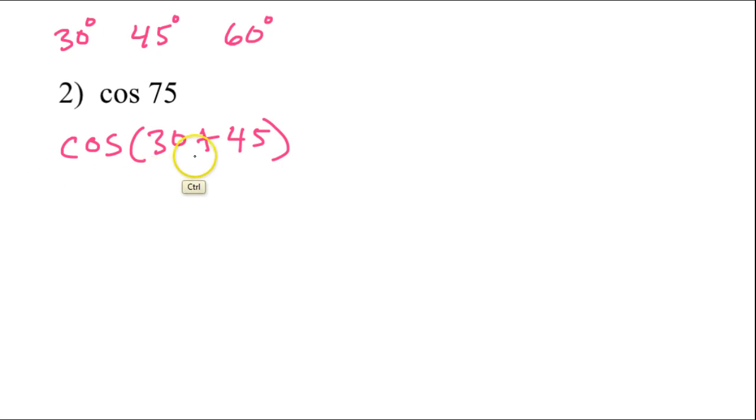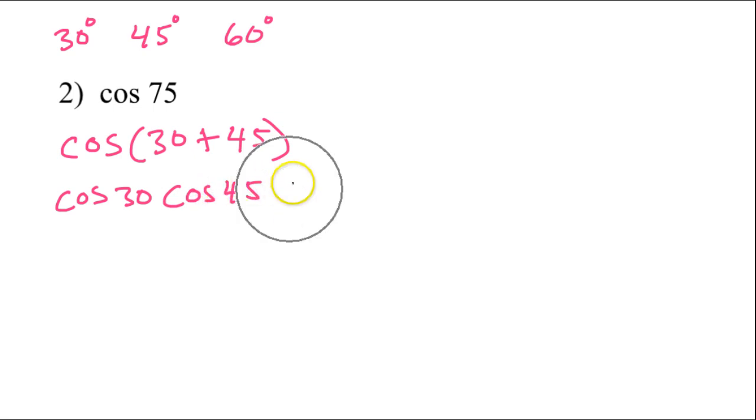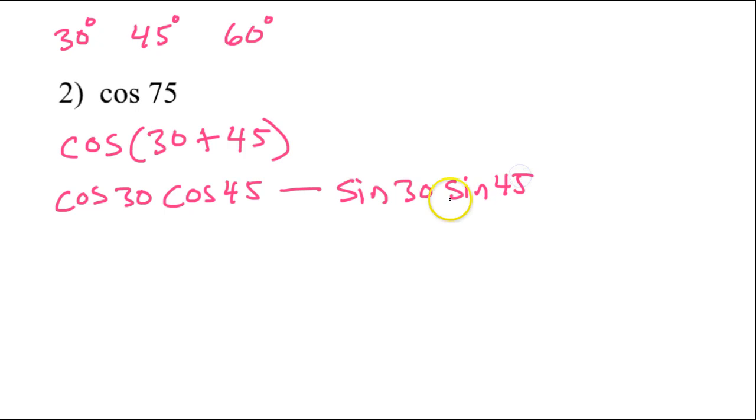Now, the formula for the cosine of a sum, in my mind I always say cosine, cosine, and then sine, sine. So this is going to be cosine of 30, cosine of 45, minus, because it changes signs when it's cosine, and then sine, sine. So sine 30, sine 45.